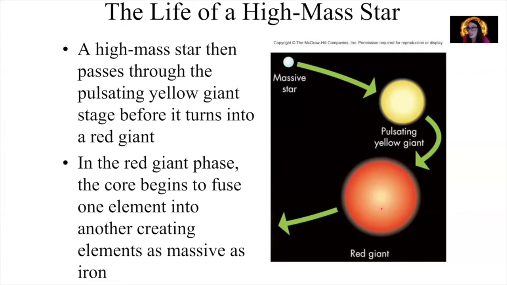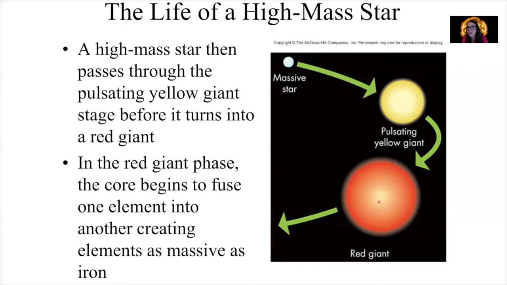But with these more massive stars, about 8 times the sun's mass and larger, when they reach their red giant phase, there's enough pressure and temperature for them to fuse carbon into other elements higher along on the periodic table to keep that star burning for just a little bit longer in its lifetime before it ends.